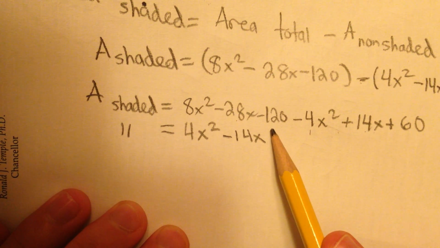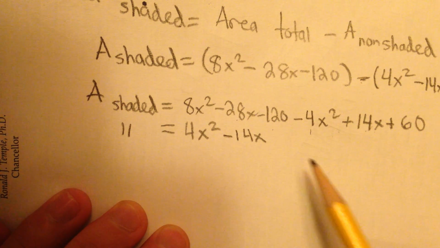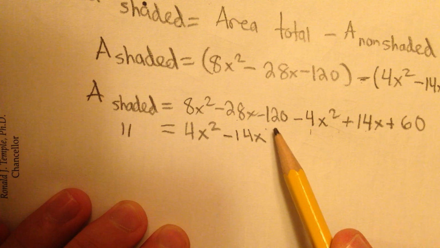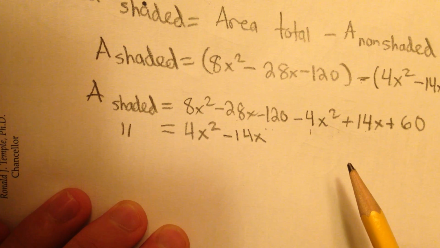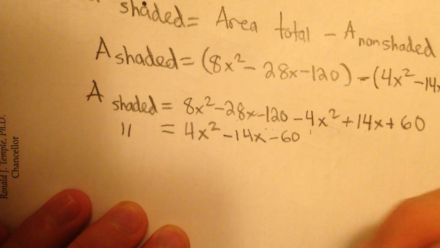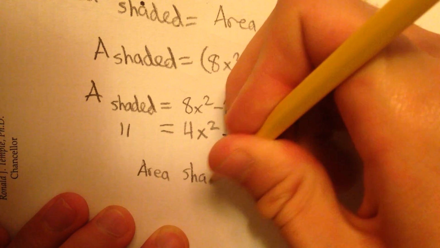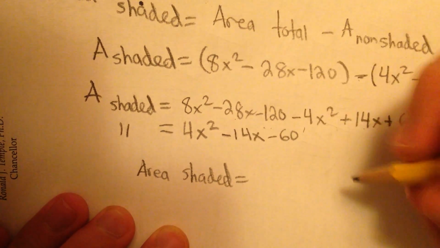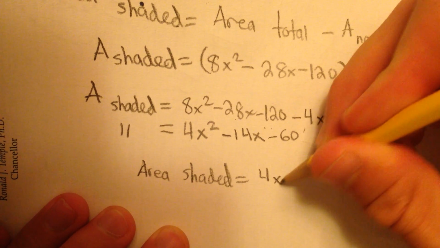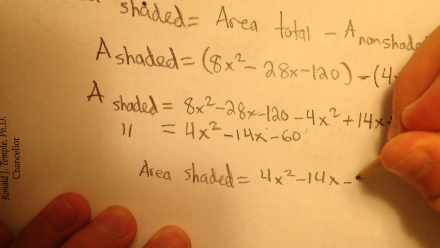Now we are left with the constant terms: negative 120 plus 60 is equal to negative 60. So the area shaded is equal to 4x squared minus 14x minus 60.